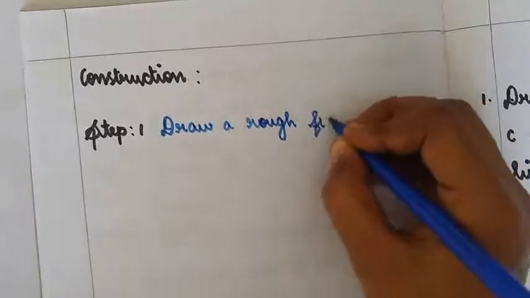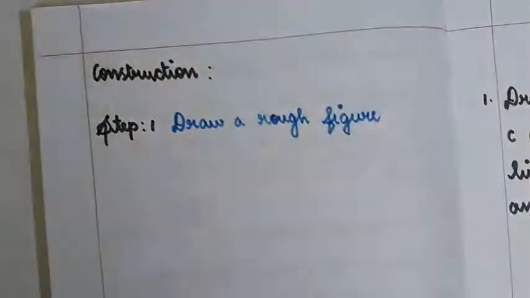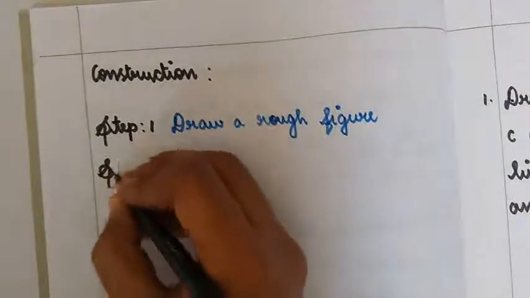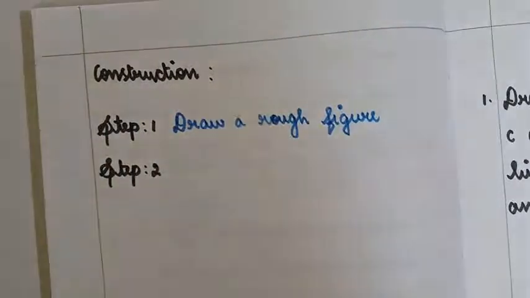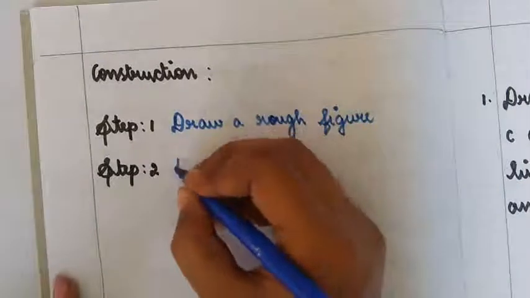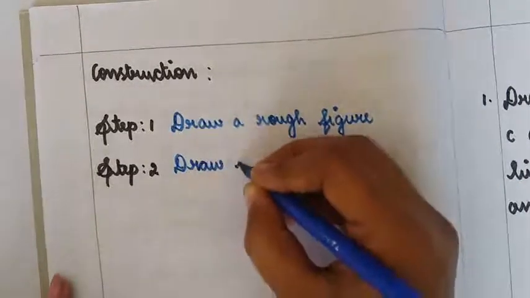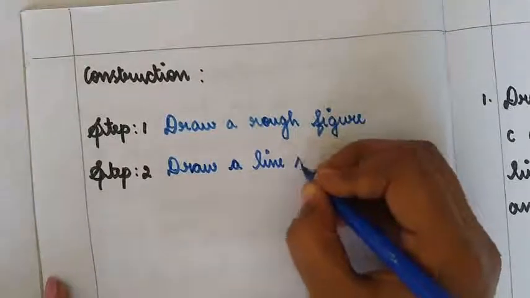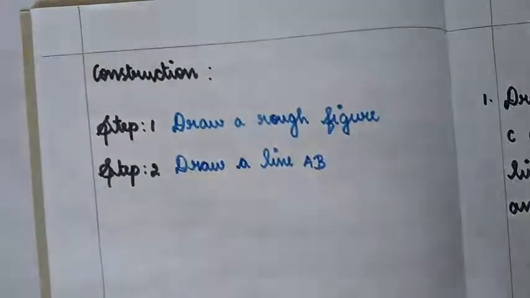Next, step number 2: draw a line AB. This is the second step, to draw the main diagram.